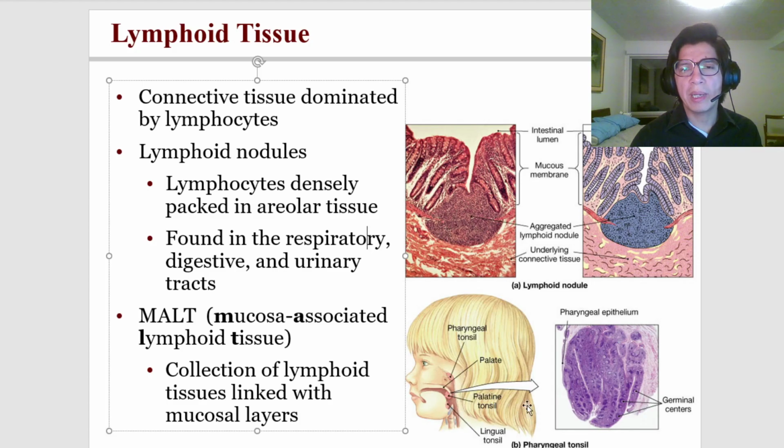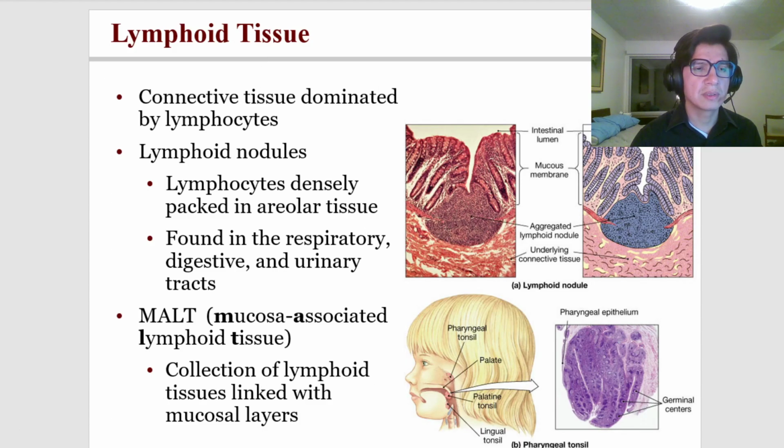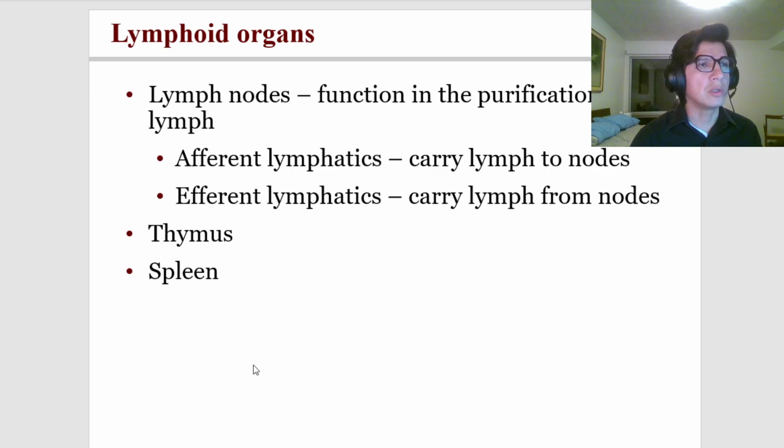Your palatine tonsils are usually the ones at the forefront of contact with the exterior environment, so they're the ones most likely to be infected, and most likely whenever it comes to removal, they're the ones that go out first. That also happens to your adenoid tonsils or your pharyngeal tonsils, and in rare cases to your lingual tonsils as well.